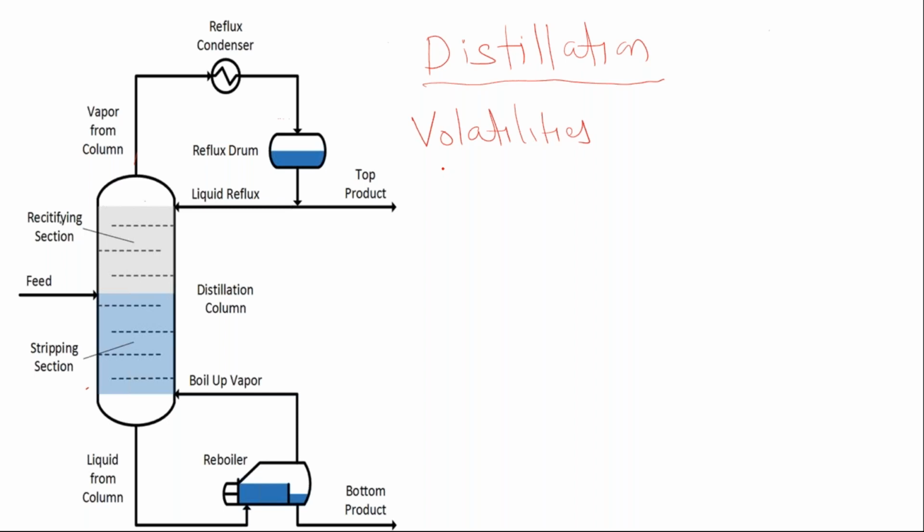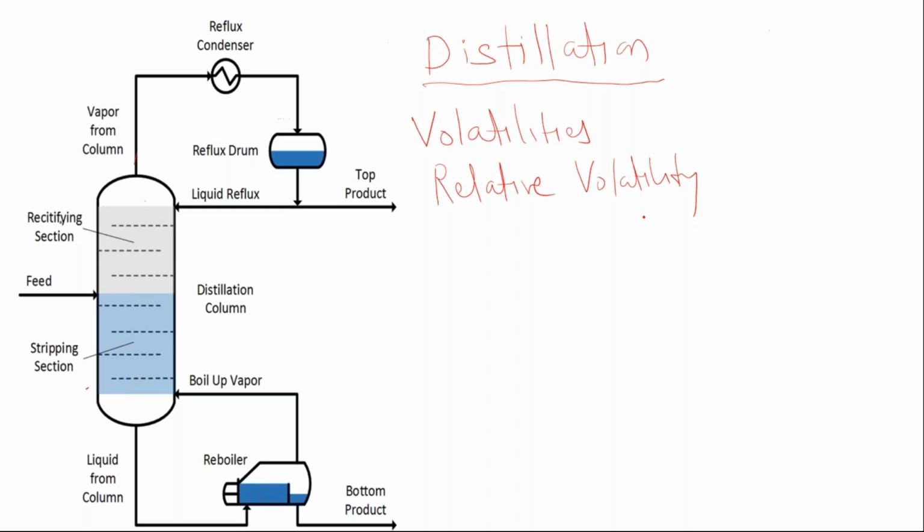Distillation is done on the basis of differences in their volatilities. So volatility or relative volatility is the main terminology which is used in this distillation principle. So we understand what exactly a volatile substance means: the substance which can easily evaporate in the atmosphere.